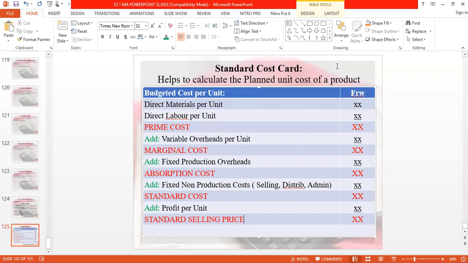So the examiner can ask you to calculate the prime cost, the marginal cost, the absorption cost, or the standard cost, or even price, or standard price, or standard selling price. It means the same thing.